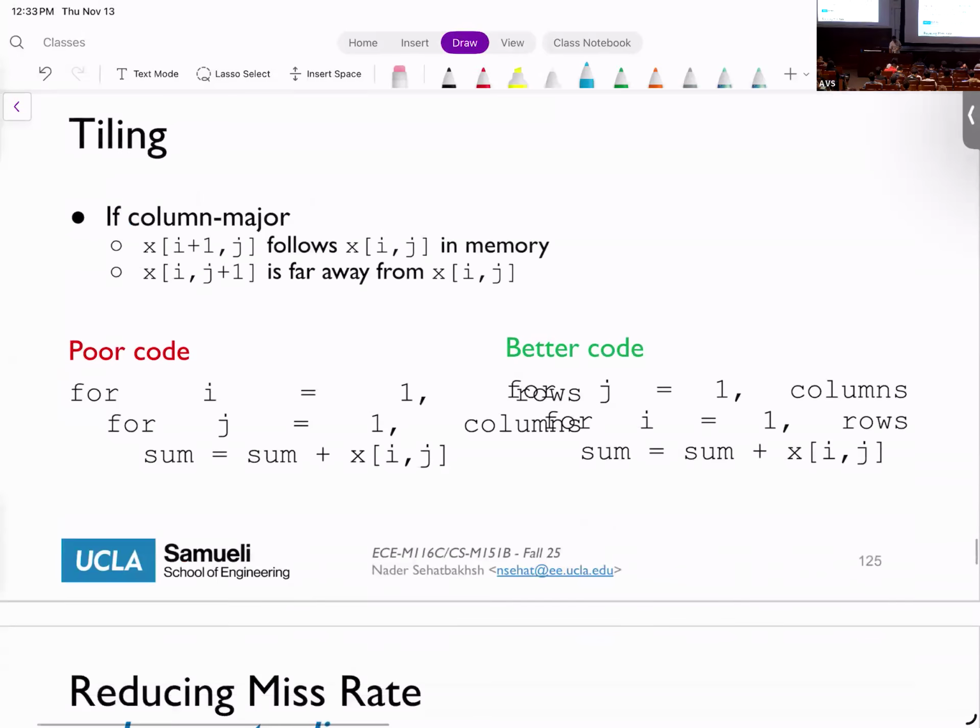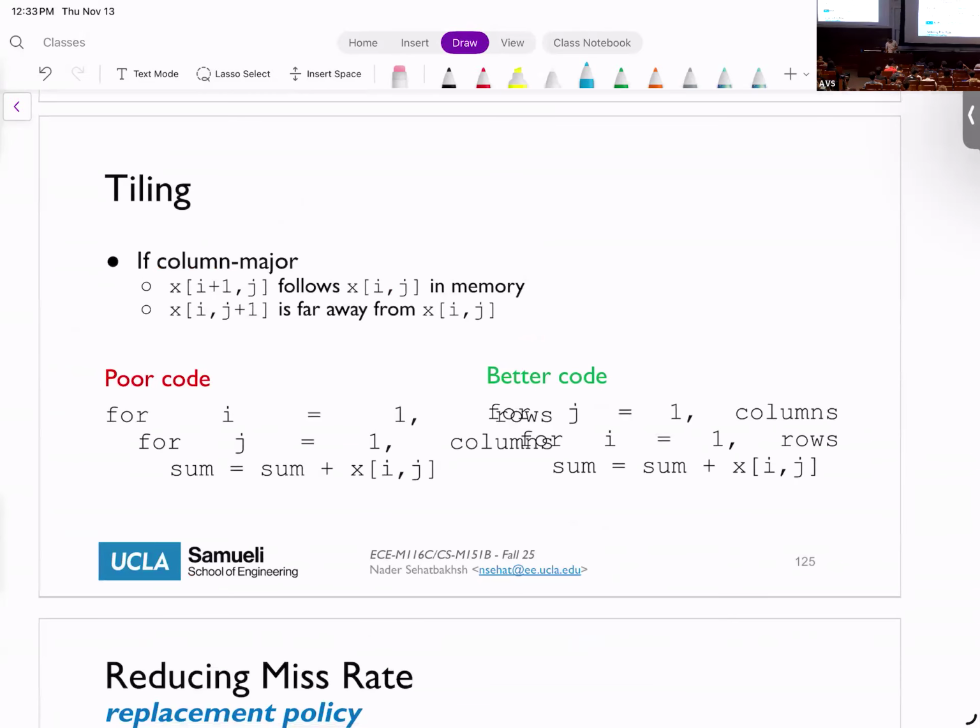Okay, so this is an example of tiling, which is a little bit convoluted, but essentially the design is like this. If I have for i equal to 1 to the number of rows, for j equal to 1 to the number of columns, and I basically go through the columns and rows.